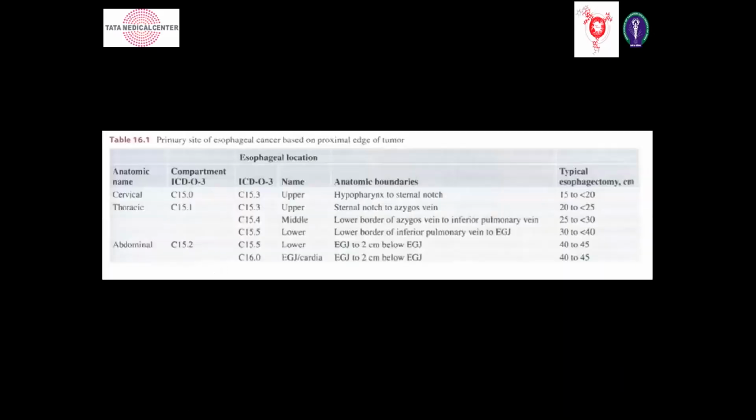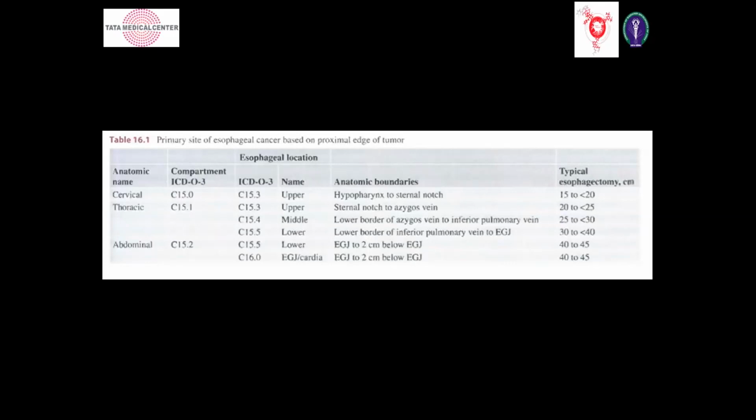Now, in the latest AJCC 8, the esophagus is divided into cervical, thoracic, and abdominal parts, and these are the distances. The basic distance we should know is the start of the esophagus, which is 15 centimeters. The 20 centimeter mark is very important for surgeons, and definitely for the treating clinical oncologist as well, because for tumors proximal to 20 centimeters, surgery usually does not happen. Why does it not happen?